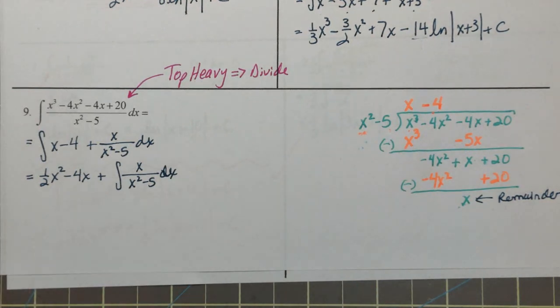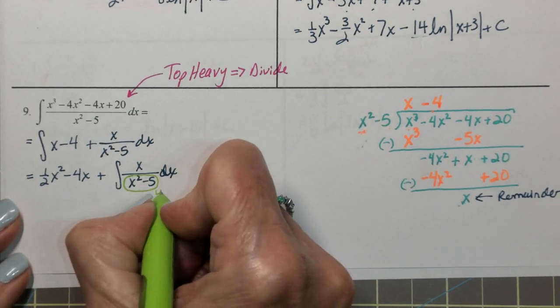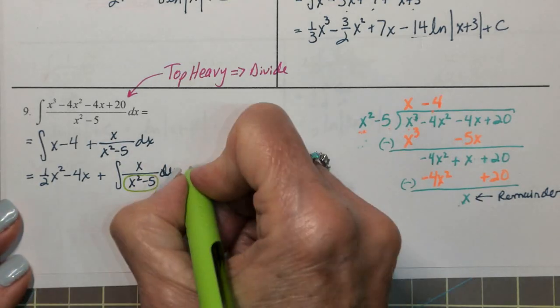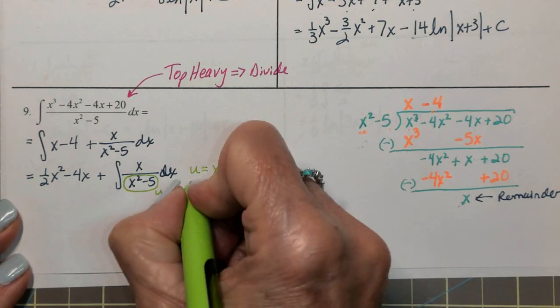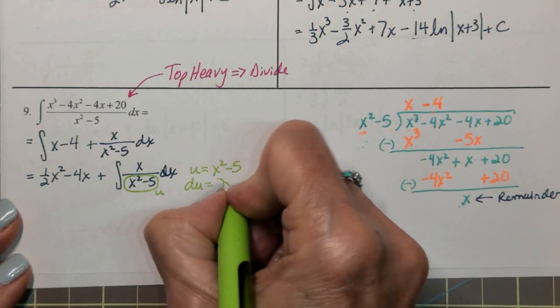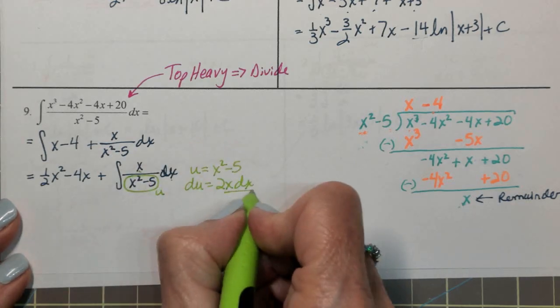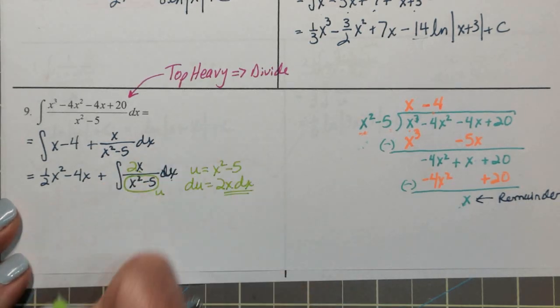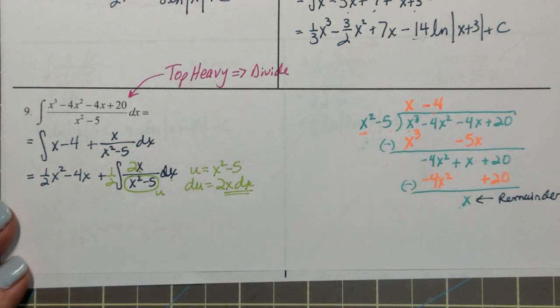It's not top heavy. If it's not top heavy, I am going to let u be the entire denominator. Let u be the entire denominator. du then is 2x dx, and now we have the x dx there. All we need is the 2. So I'm going to multiply the front by 1/2.